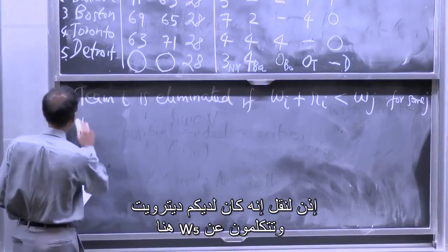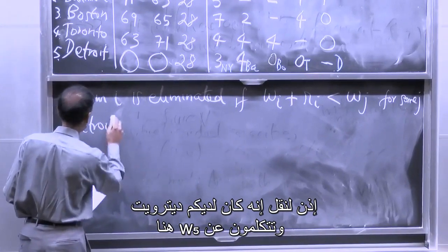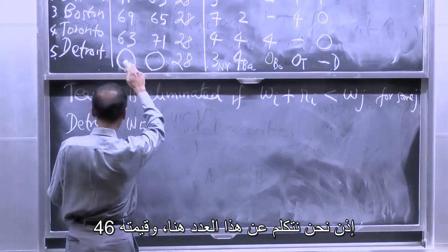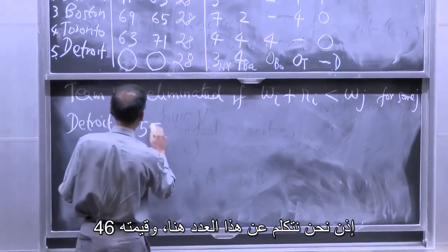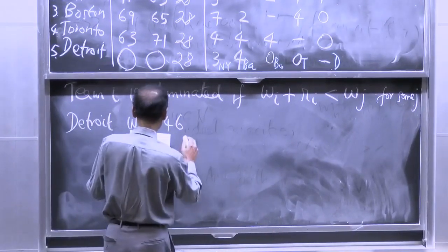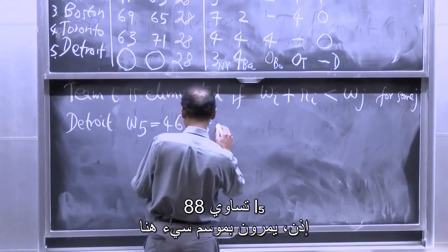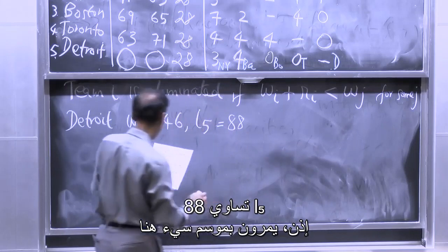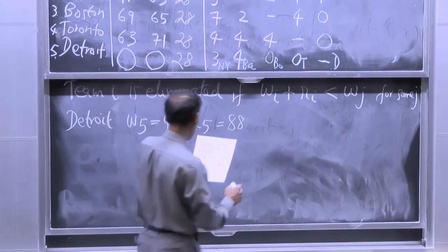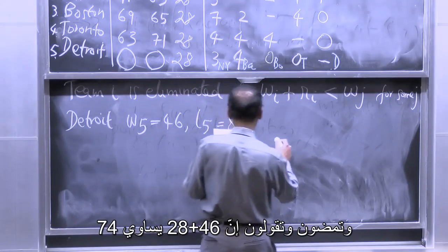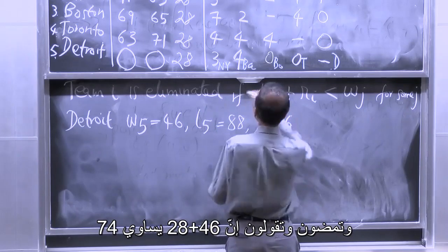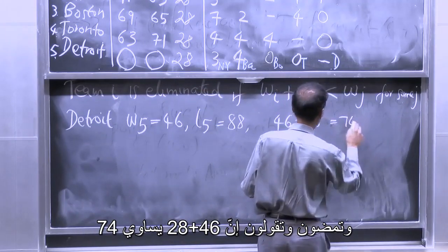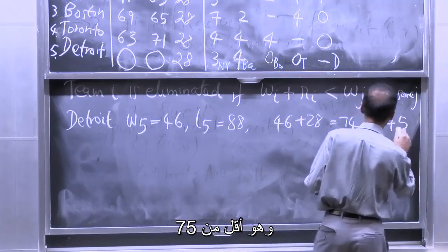So let's just say that you had Detroit, and we're talking about W5 here, so this number here is 46. L5 is 88, right? So they're having a bad season here. And you say 46 plus 28 equals 74, which is less than 75.